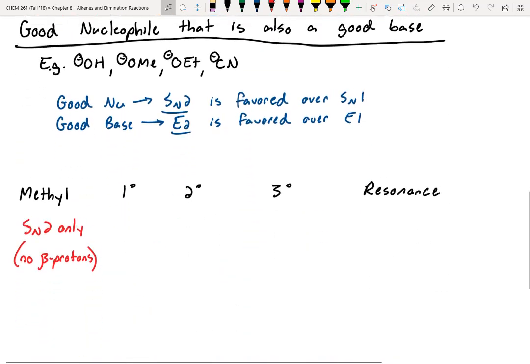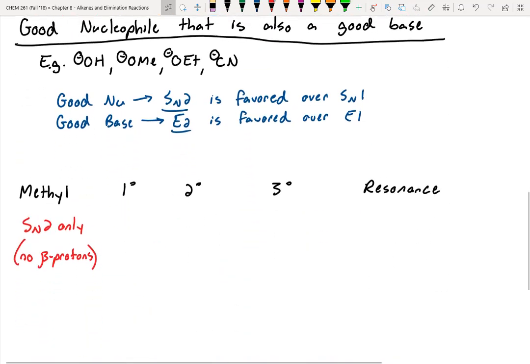And in fact, experimentally, that is what is observed for primary ones. We'd say SN2 is major, E2 is minor, and the reason being is that E2 is slow for this reaction, right? So it's a slower rate compared to the SN2 reaction.